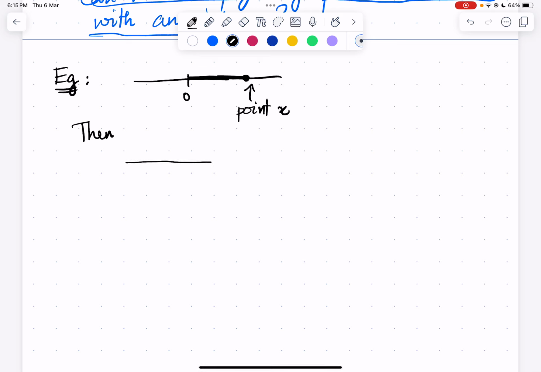So what is twice of x? We want to define an integer times x, right? So first we'll define 2 times x. 1 times x will be point x itself. So this will be point 2x, 2 times x.